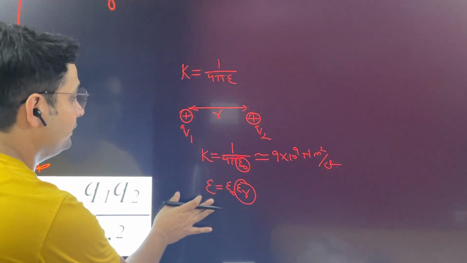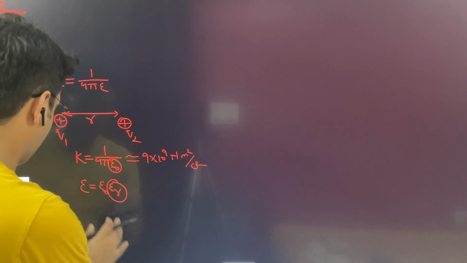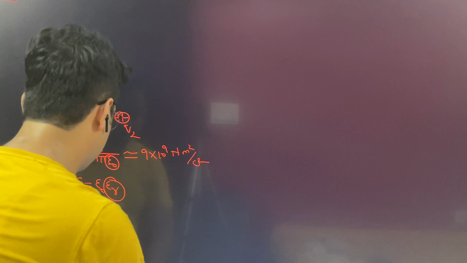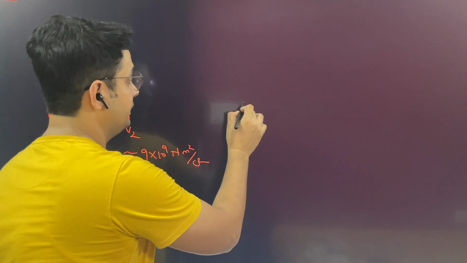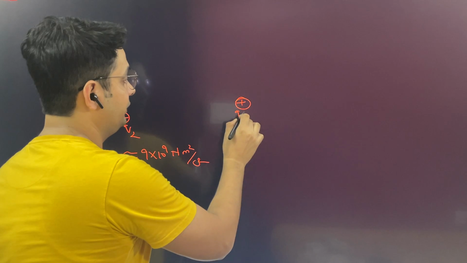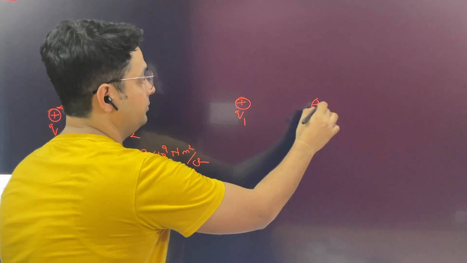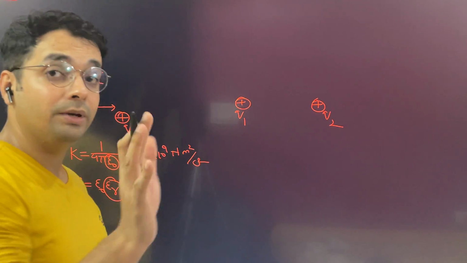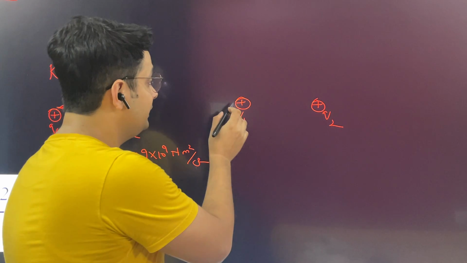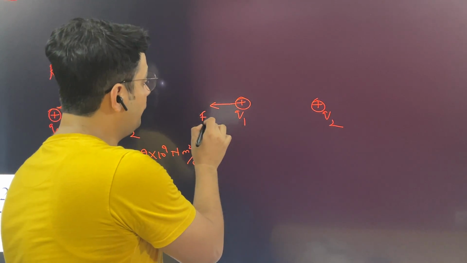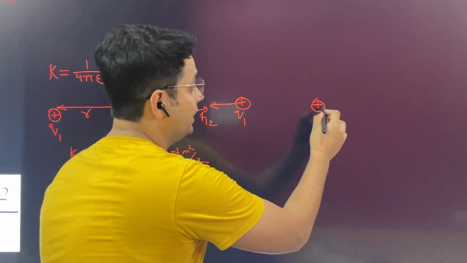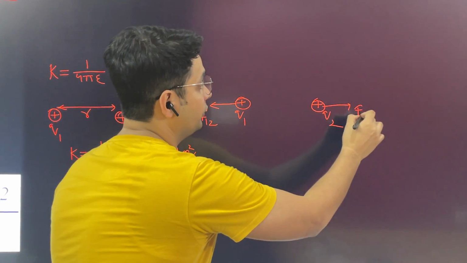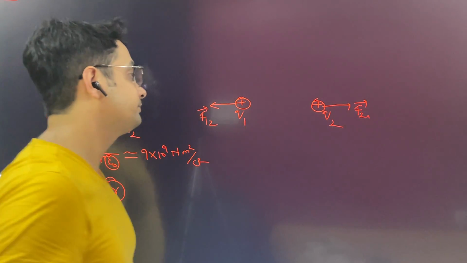You can understand how it happened. Just try to understand this. For example, if I take two charges, plus Q1 and plus Q2, and there is no medium between these two charges, then at that time the force acting on charge 1 due to charge 2 is F12 vector, and on charge 2 the force is F21 vector.